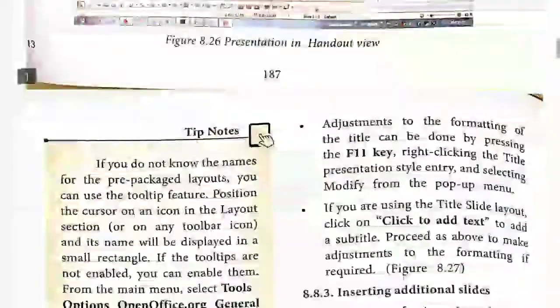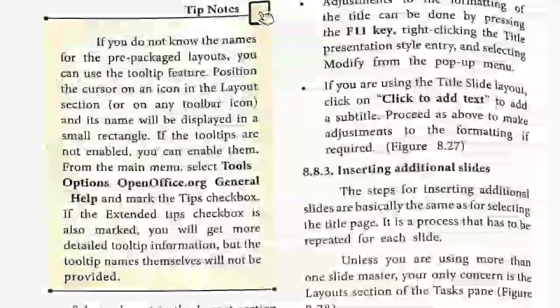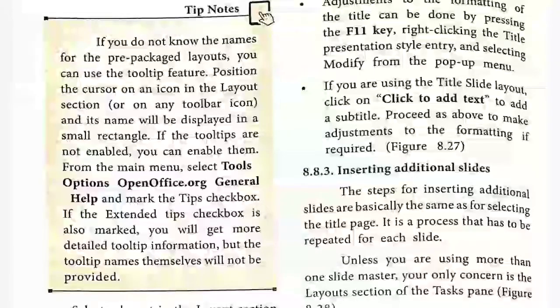So another tool tip option. When you don't know the option or menu name, you can just keep your mouse pointer over the option, so that it will show you a small yellow rectangle box with the name of it. And you can even see a detailed one if you select some options.